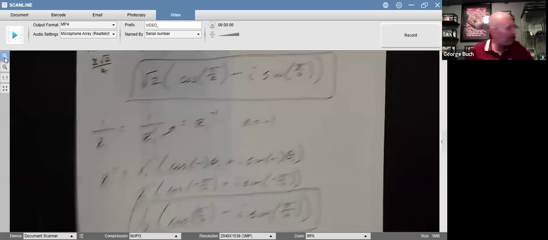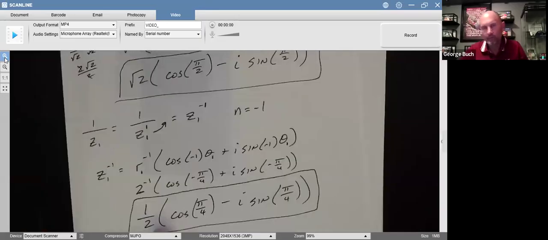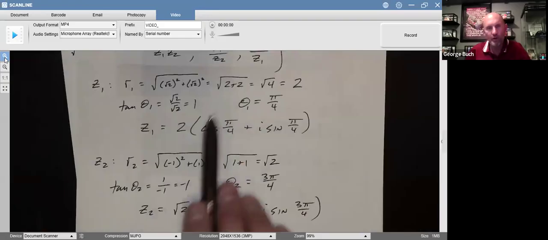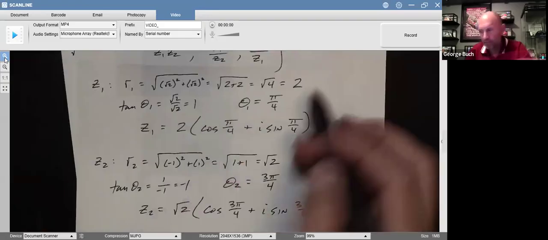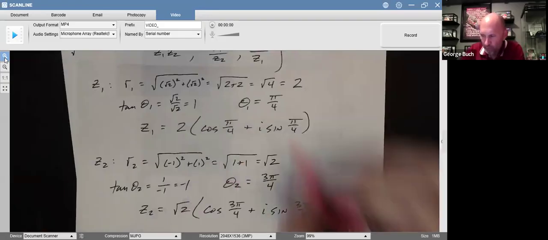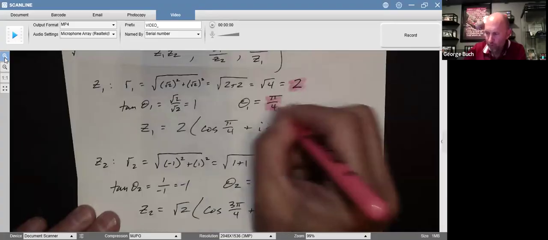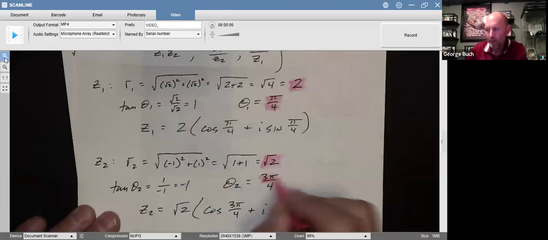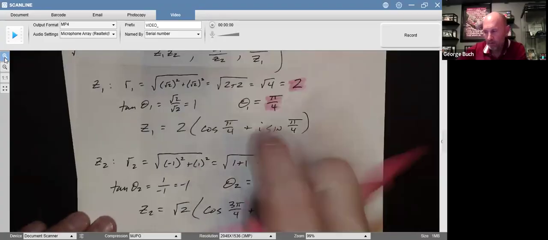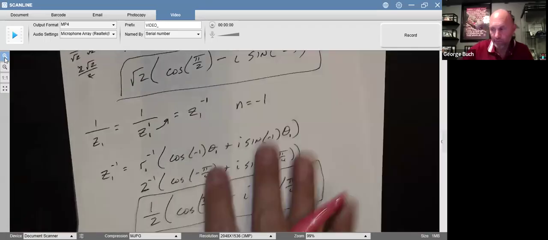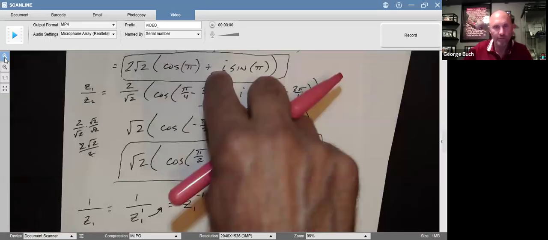Because if way back here, when I calculated R1 and theta 1, if this was wrong, then that means this is wrong, and this, and this, and this.